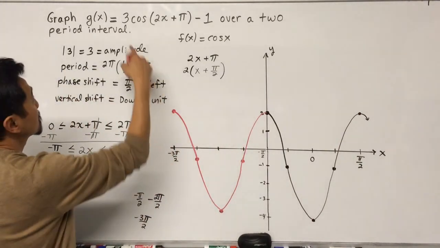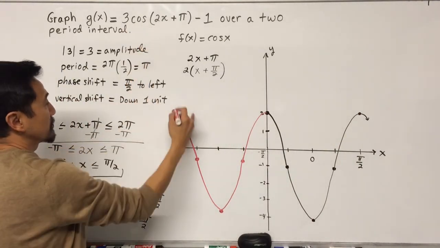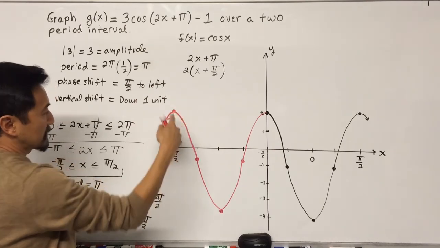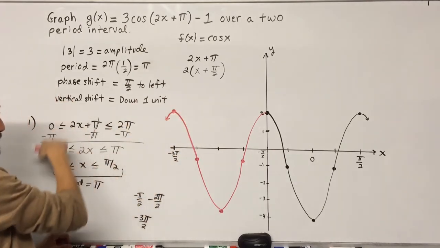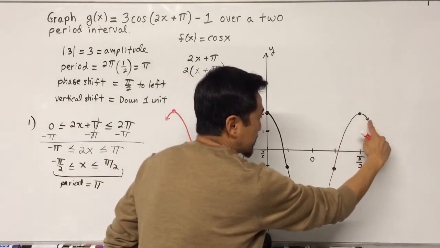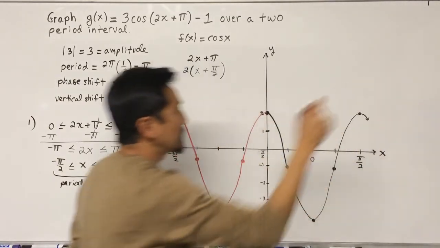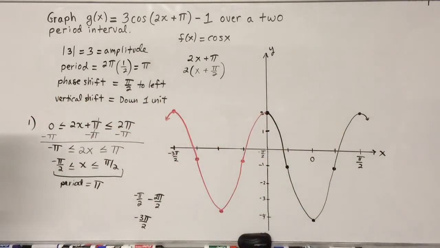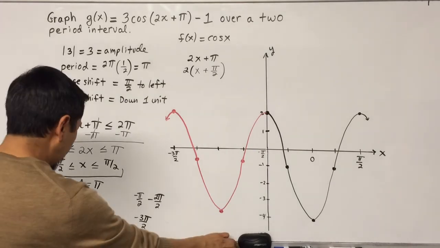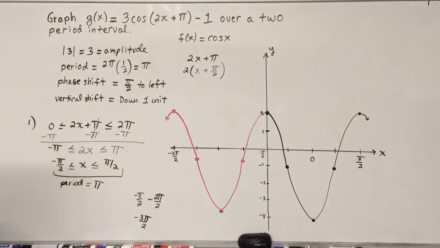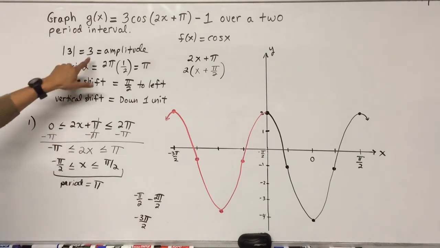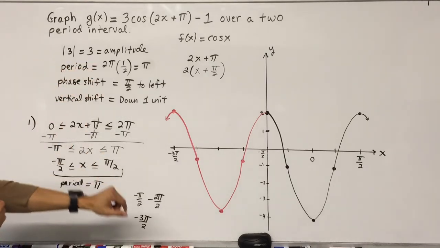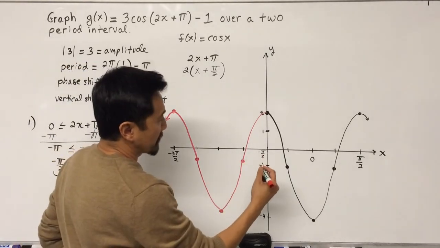Of course this function has a domain which is all real numbers, so we want to indicate that this wave just continues endlessly to the left, and that arrow indicates that it's going to continue endlessly to the right. So just a couple of highlights before we end this video. The amplitude, which was 3, is going to be the height of that wave, so I can highlight that for you.